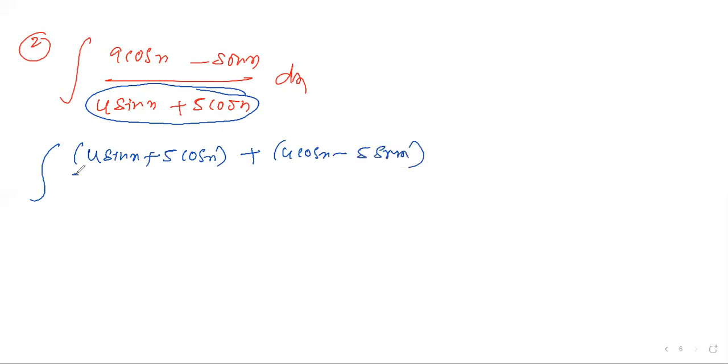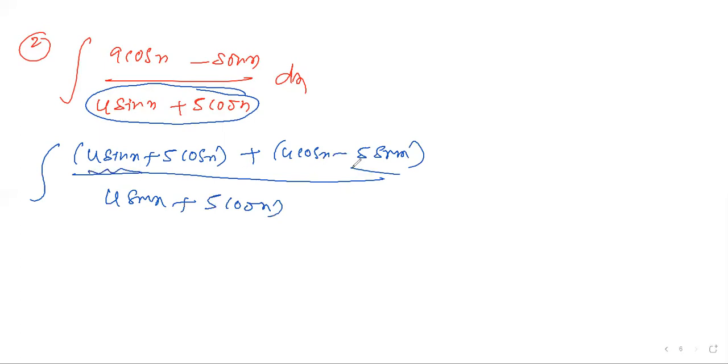Please check the numerator. Are you getting the same thing, even if I wrote it like that? 4 sin x minus 5 sin x, what is this? Minus sin x. We got it. I expanded the numerator, I split it like this: 4 sin x minus 5 sin x I got, no disturbances. Next, 5 cos x plus 4 cos x is 9 cos x.